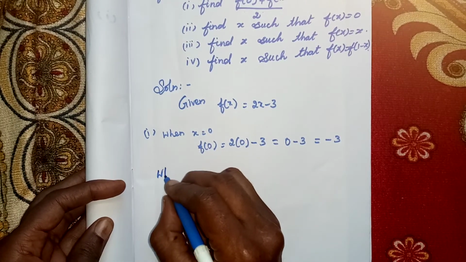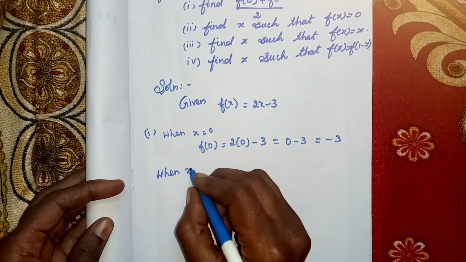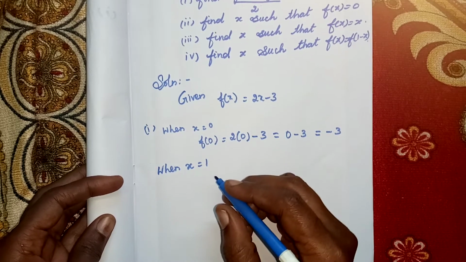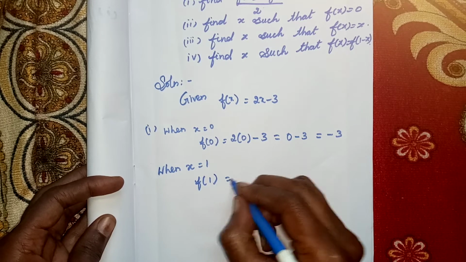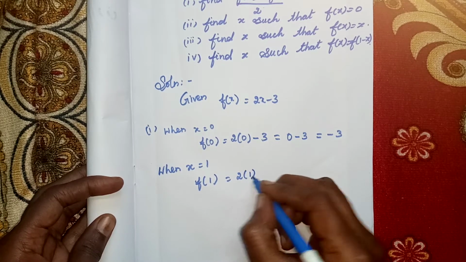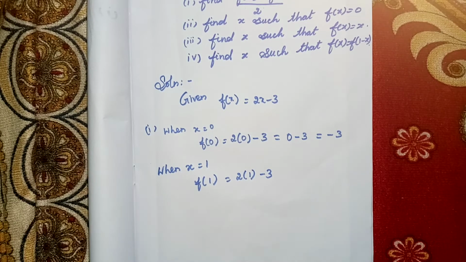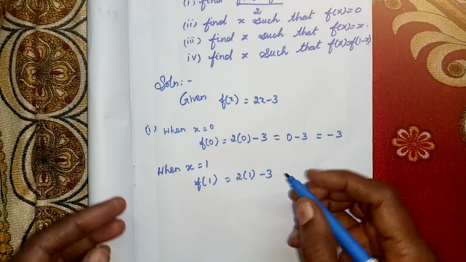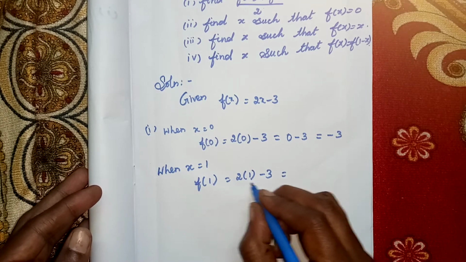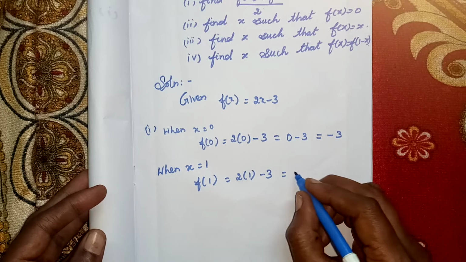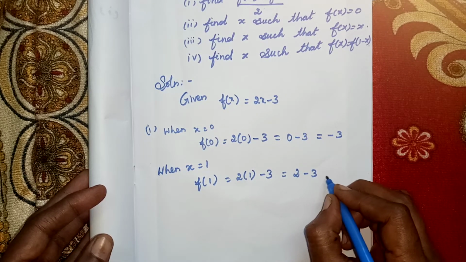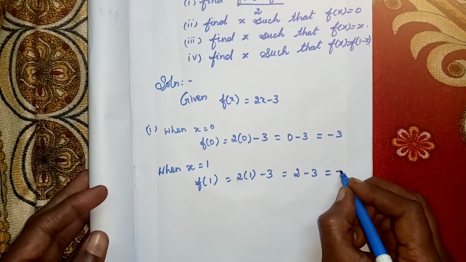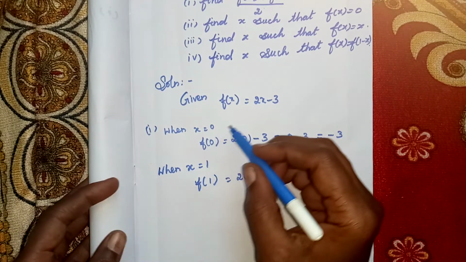Next, when x = 1, what will we get? f(1) = 2 × 1 − 3. 2 × 1 is 2, and 2 − 3 is equal to −1. Clear?